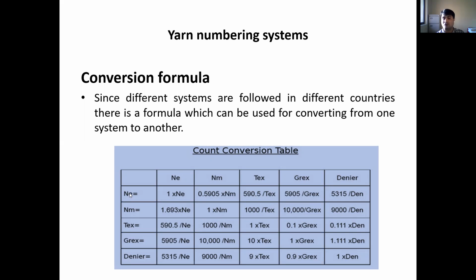To go from British count to tex, we divide 590.5 by tex. To go to Grex, 5905 divided by Grex. To go to denier from British count, 5315 divided by denier. So like that, British count is there, metric count, tex system, Grex, and denier.